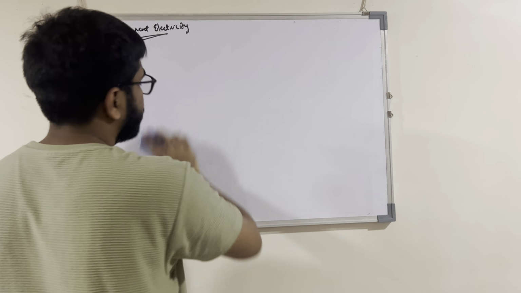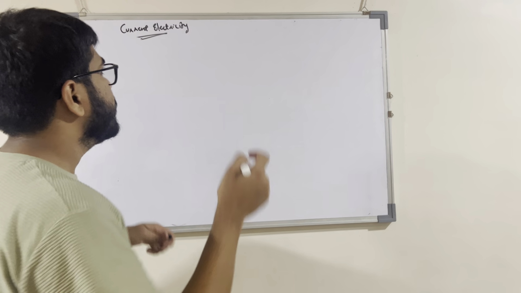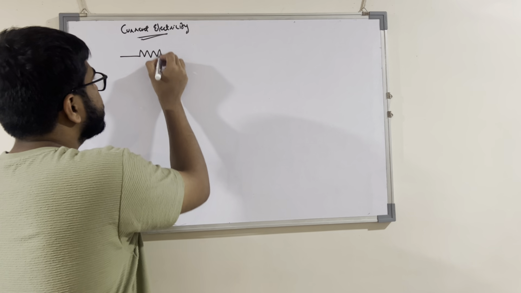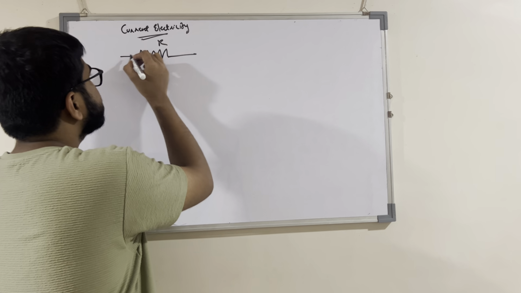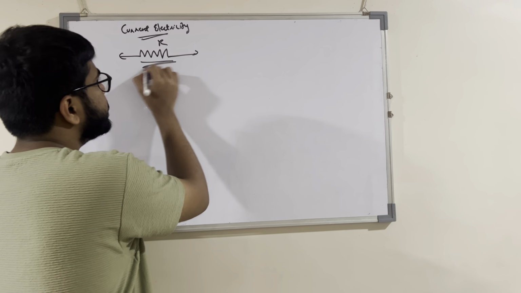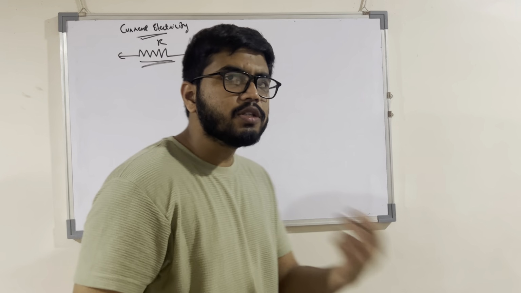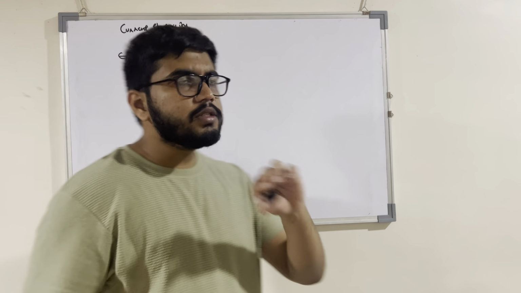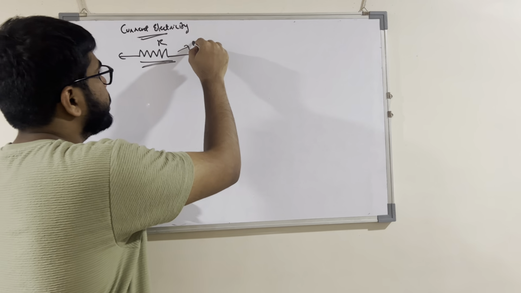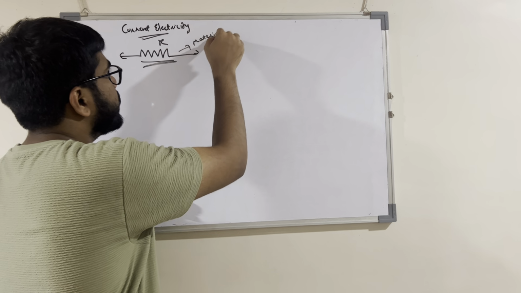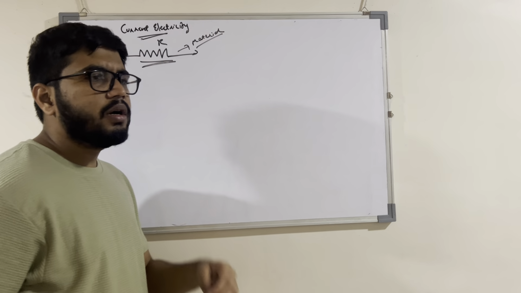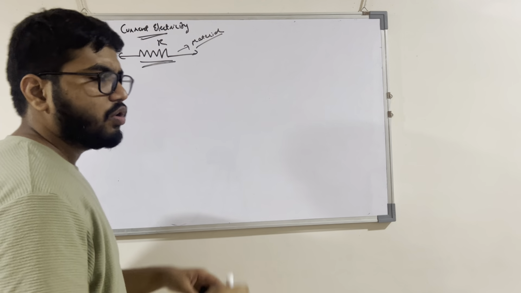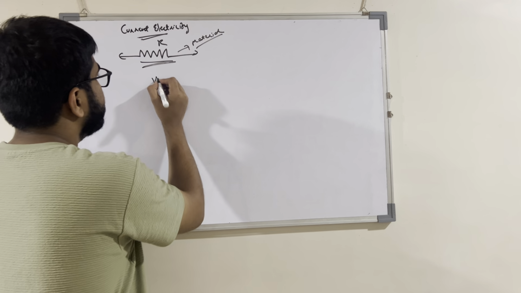Next, let's look at resistance. So what is resistance? Understand that resistance is something that will consume your energy. Resistance is only dependent on the material. It is not dependent on your current or your voltage. Okay, so V is equal to IR.